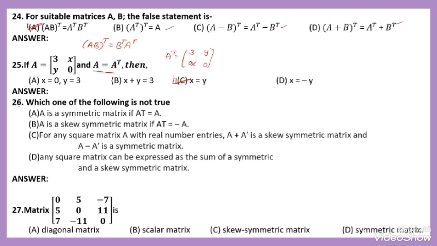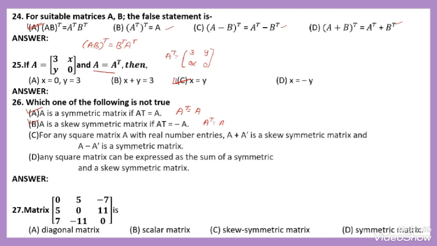Next, question number 26. Which one of the following is not true? Here A is a symmetric matrix if A transpose is equal to A. Okay, this is the true statement. And A is skew symmetric if A transpose is equal to minus A. This is also a true statement.